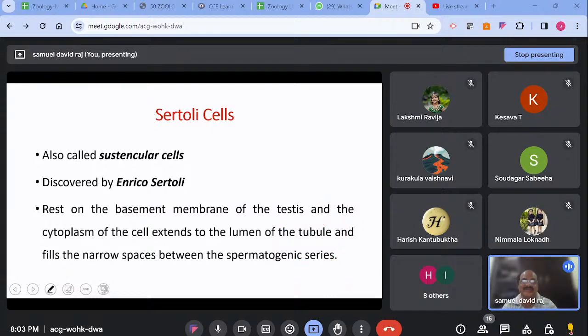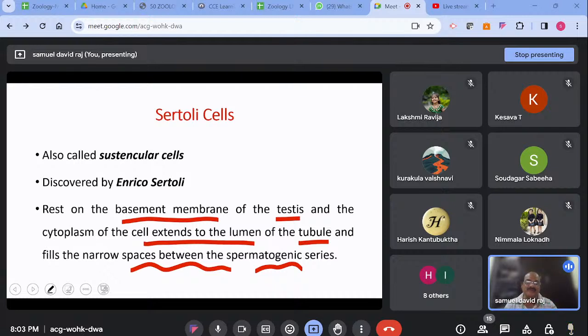Hence, Sertoli cells are nutritive in function. They have another function also, which we are going to discuss now. The sustentacular cells rest on the basement membrane of the testis, and the cytoplasm of the cell extends to the lumen of the seminiferous tubule and fills the narrow spaces between the spermatogonia, extending till the center, where the sperms that are produced can get nourishment from them.